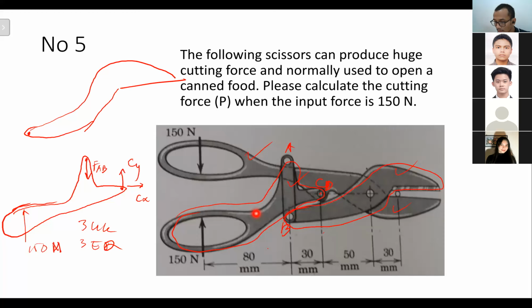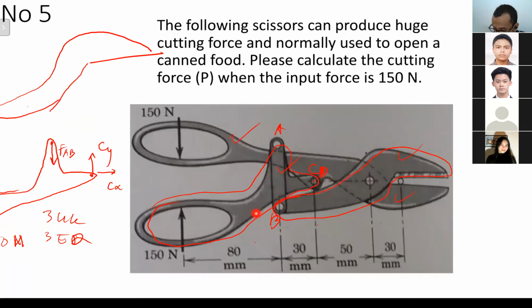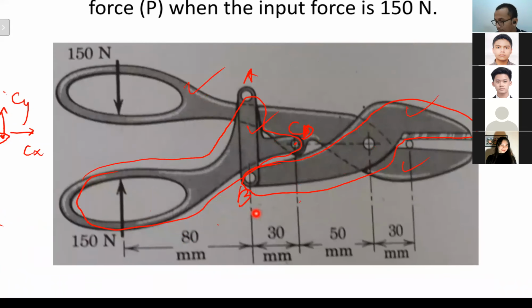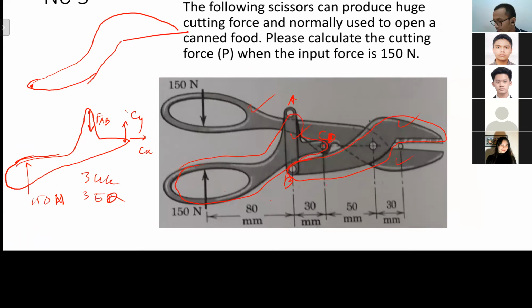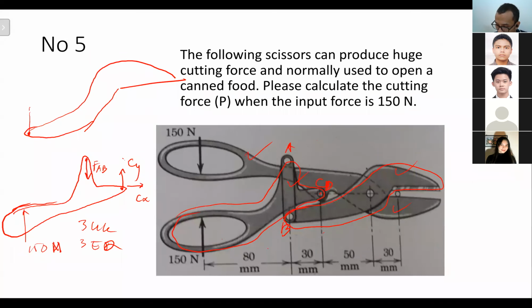Matthew? Upwards. Correct, upwards. It's supposed to be upwards, FAB. It's confusing because the direction of the member is weird, sir. Nah, it's not that confusing.